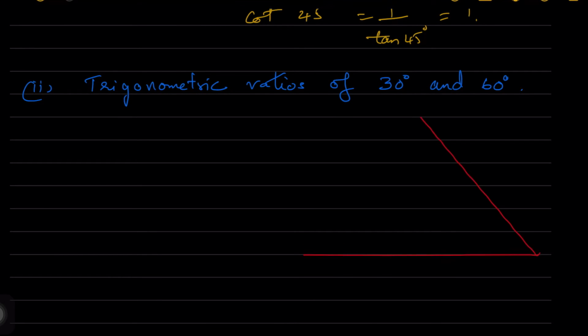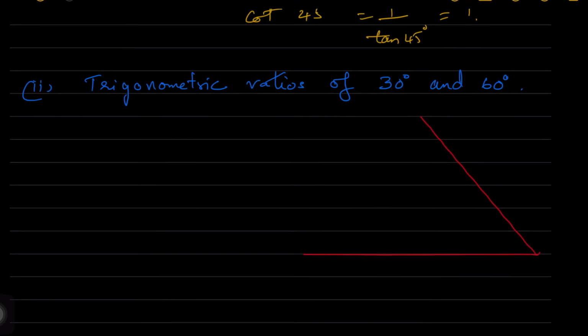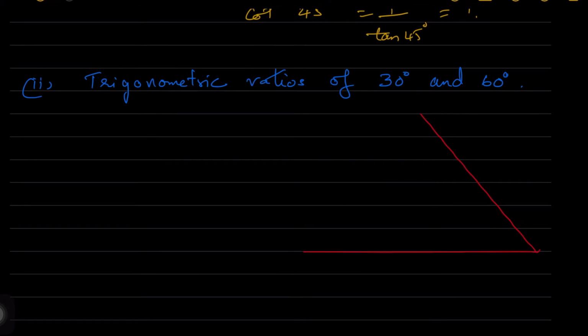So if you are given an equilateral triangle, where all the angles are 60 degrees and each and every side is 2A, we are drawing AD as a perpendicular to BC such that it is dividing that angle into two equal halves, that is 60 degrees is divided into 30 and 30.